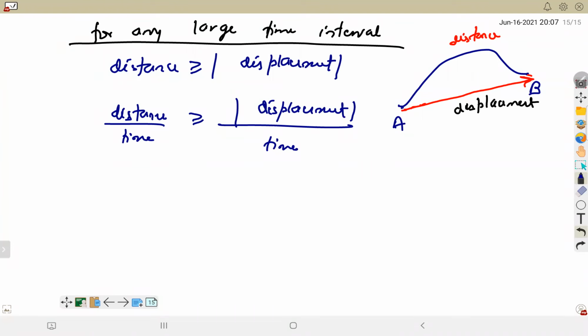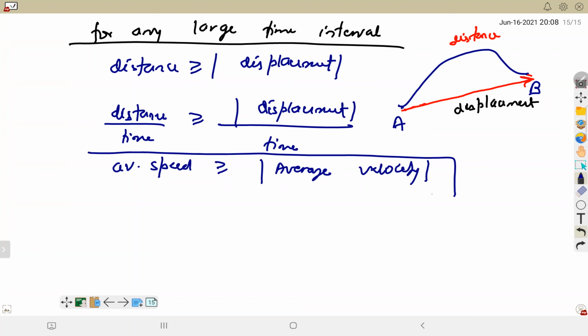Total distance covered by time is average speed. So in any journey, the magnitude of the average speed is always greater than or equal to the magnitude of average velocity, just like distance is always greater than or equal to displacement.